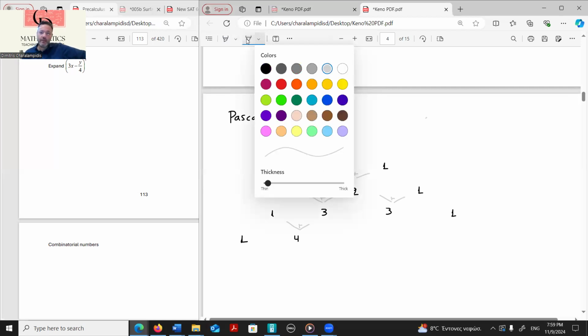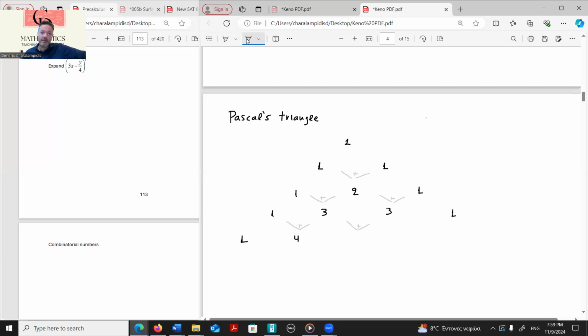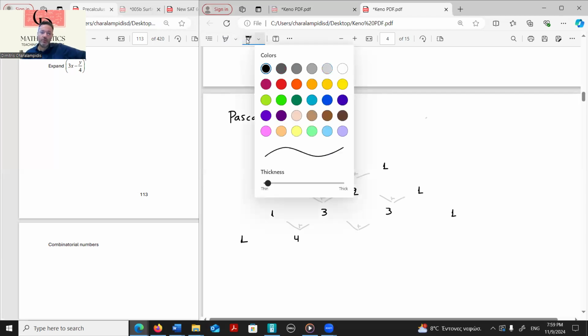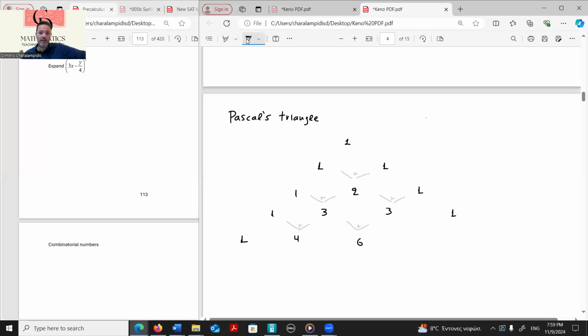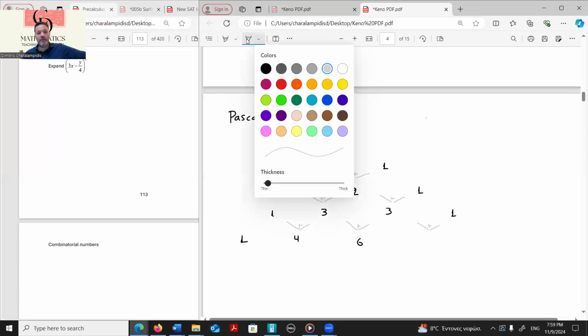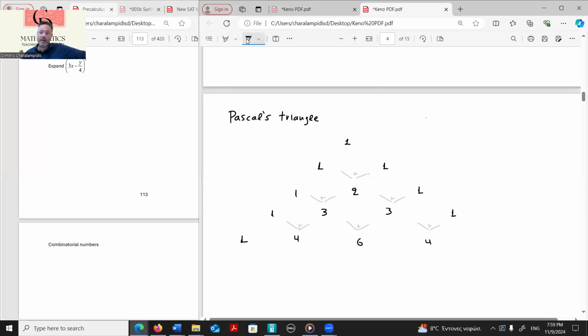Then 3 plus 3 should be equal to 6. 3 plus 1 should be equal to 4 again. And we end up with 1 at the right bound. Similarly, the next one would have been 1, 5, 10, 10, 5, and 1.